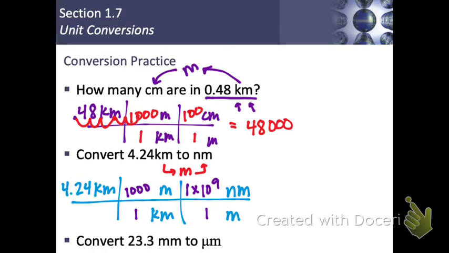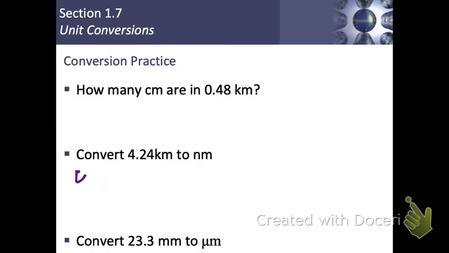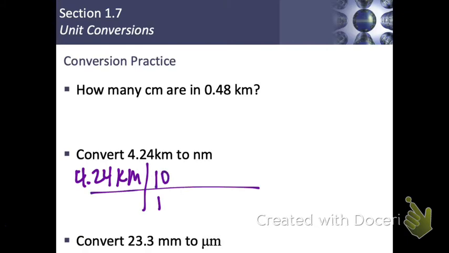I think it's a trillion. What's the answer that you got? Because it's 4.24 kilometers, 1 to 1,000. Oh yeah, we're multiplying by 1,000. Meters, kilometers, meters, nanometers. 1 times 10 to the 9th.